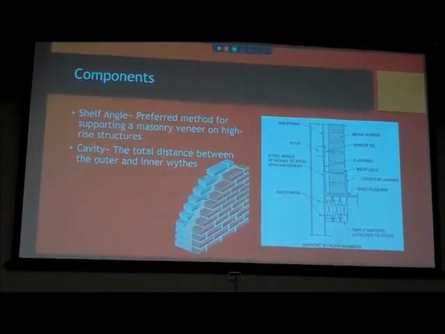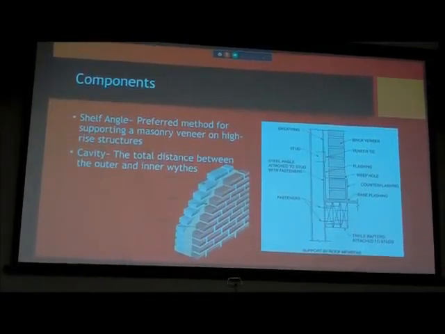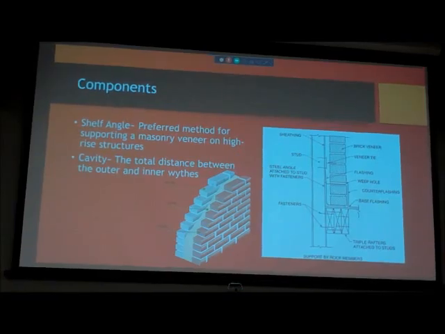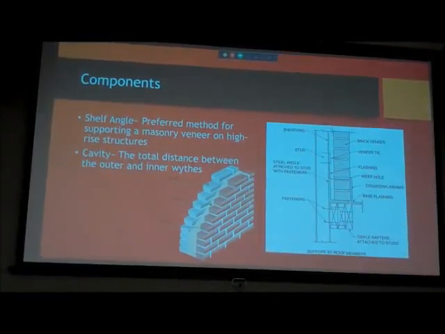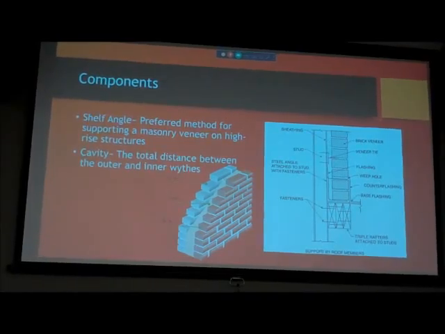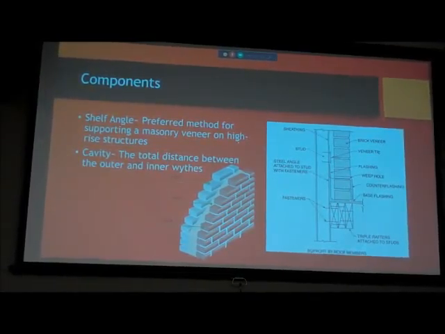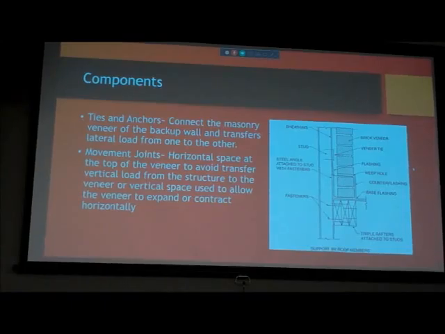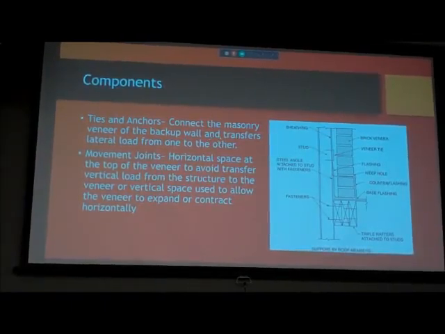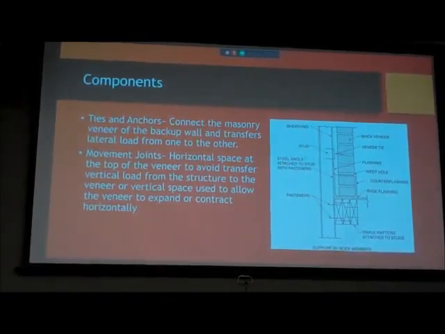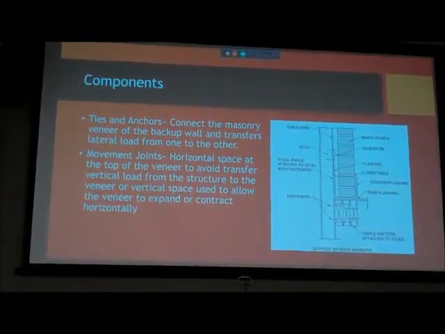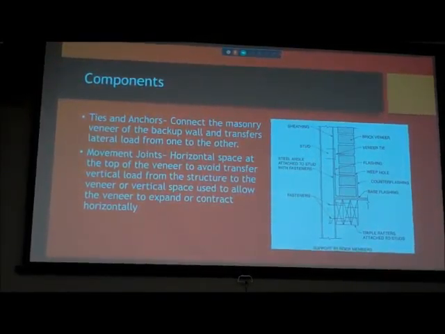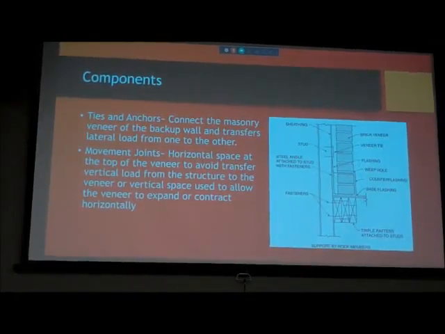And the cavity is the space in between the inner and the exterior wythe, which would also be right here in this space. Ties and anchors connect the masonry veneer and transfer the lateral load to the backup wall.